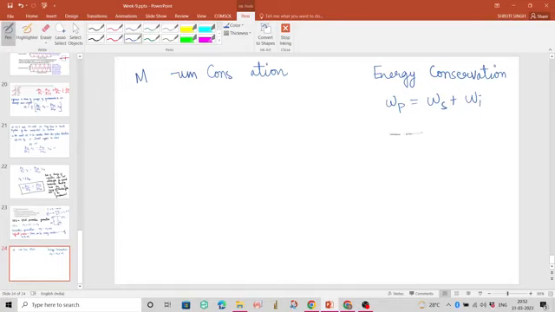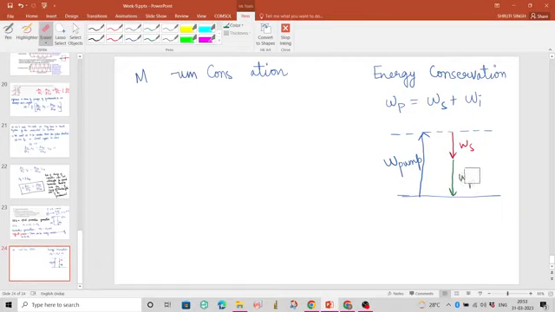Energy conservation can be denoted pictorially like this: we have one omega pump, and it can give omega s and omega i, the idler. Omega s plus omega i.